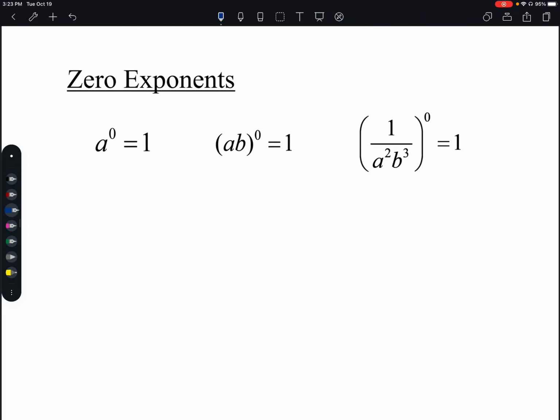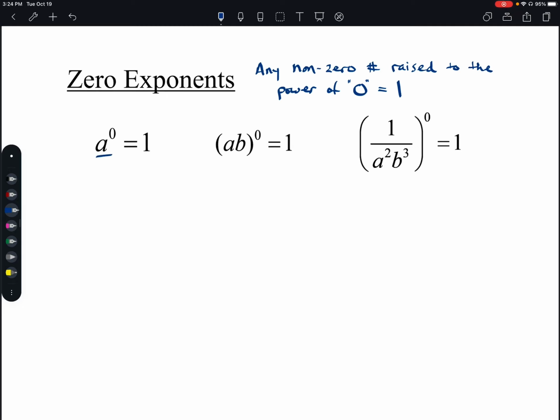So this is just a quick review on zero exponents. Remember, anything raised to the power of 0, except for 0, any non-zero number raised to the power of 0 is always going to equal 1, right?